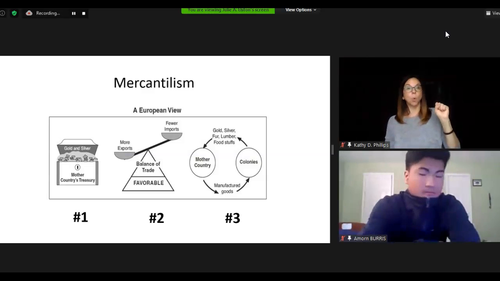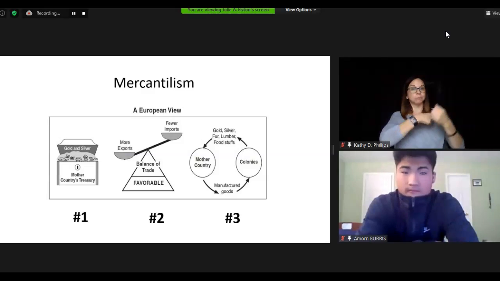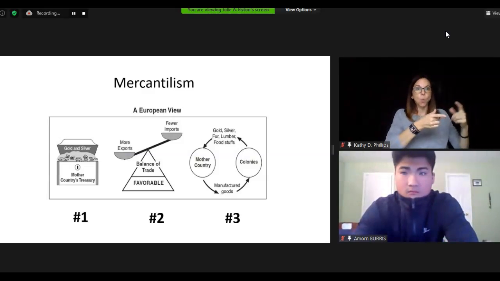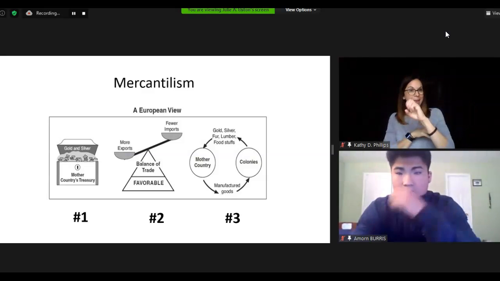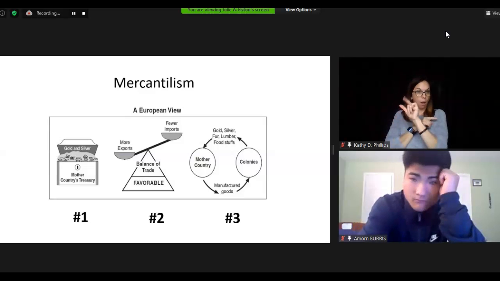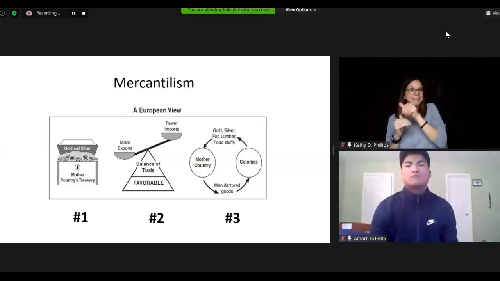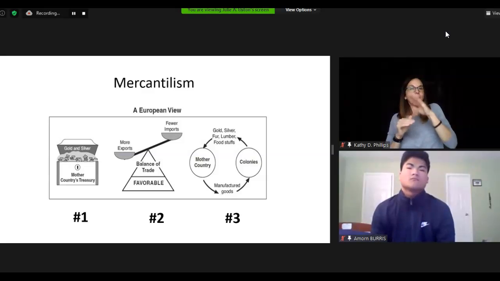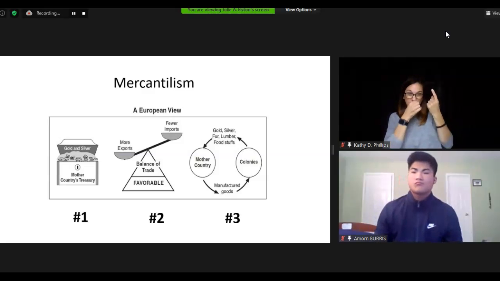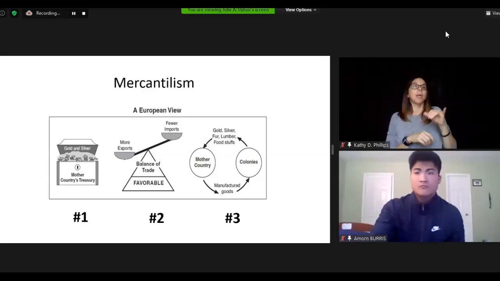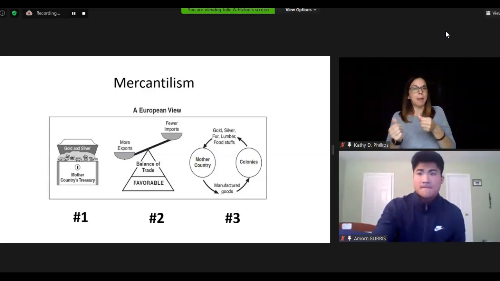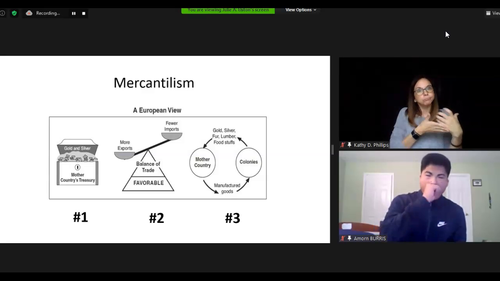So when these countries are manufacturing goods, they want to be able to sell them, right? So they're exporting them out to the colonies. You want to be sending out more than you have to buy to bring in. Does that make sense? Because that way you're spending less to buy goods and you're making more money by selling more.